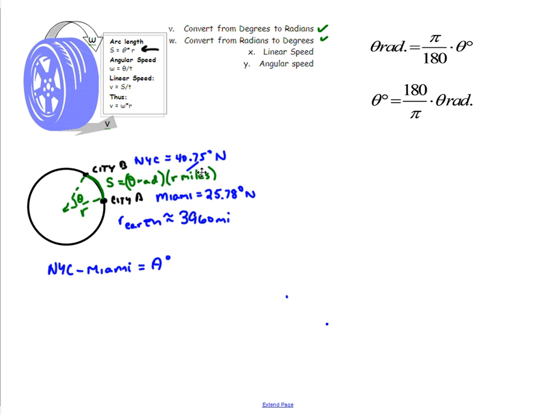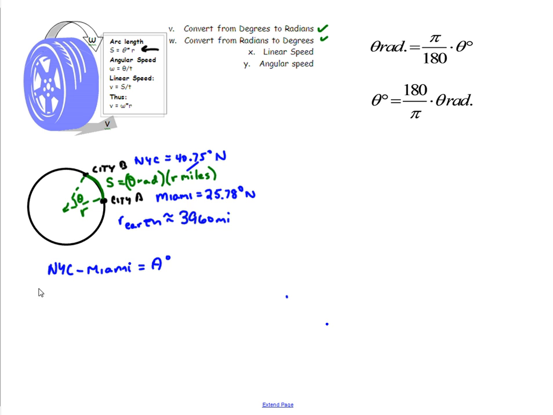Okay, so let's say that my problem is that I'm going between New York City and Miami. I know that Miami is located at 25.78 degrees north, New York City at 40.75 degrees north, and I'm interested in finding the distance between these two along the circle. So the radius of the Earth, we'll take that to be approximately 3,960 miles.